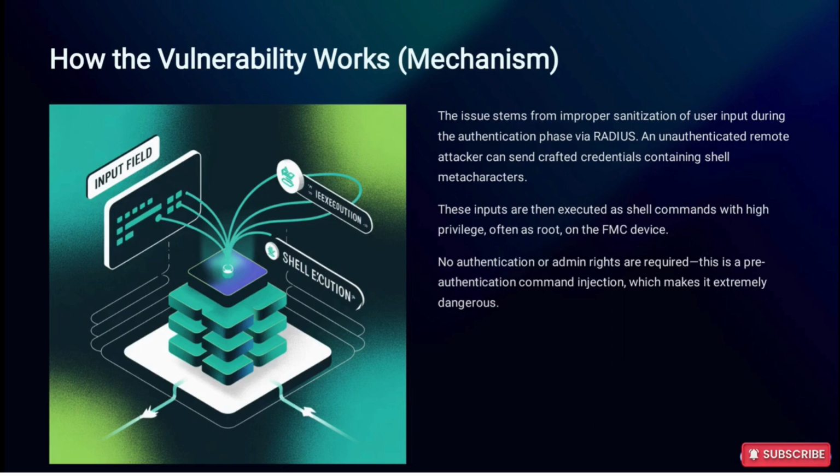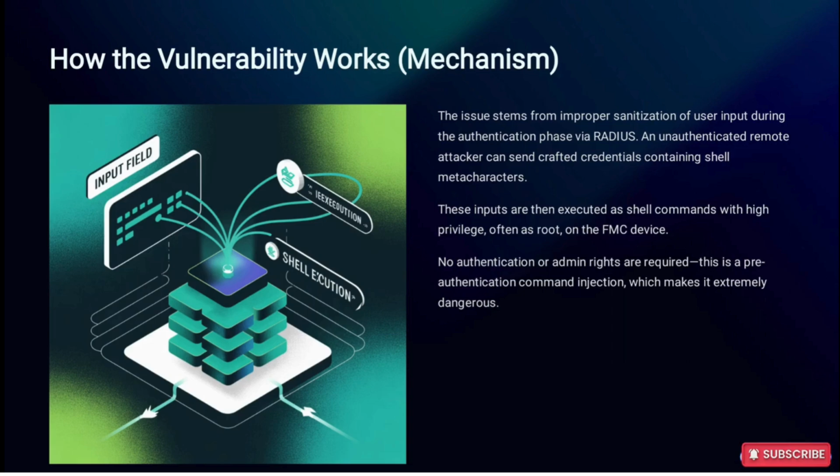These inputs are then executed as shell commands by the threat actor, with high privilege, often as root, on FMC devices. As no authentication or admin rights are required, this is pre-authenticated command injection, which makes it extremely dangerous.